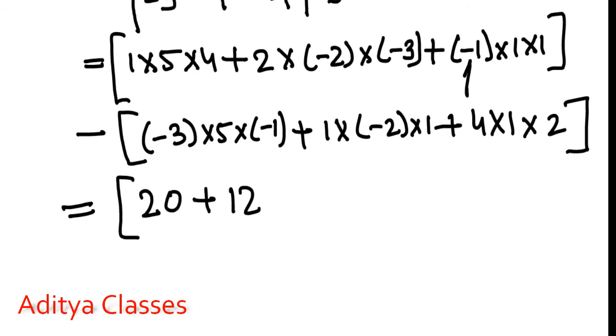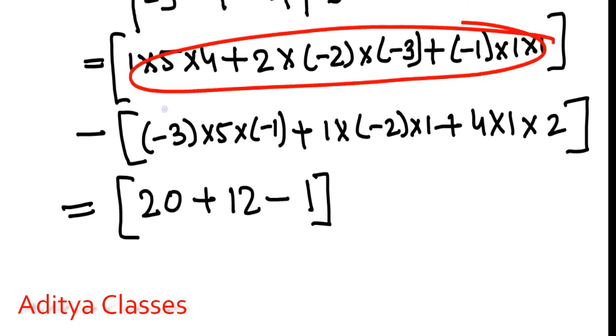So what I'll get is 1 but with a negative sign. Why this negative sign? Because I'm having only one negative sign in these three. So that is why this negative sign will survive and it will show up in our calculation. This is our first bracket of leading diagonals. It reduces to this.